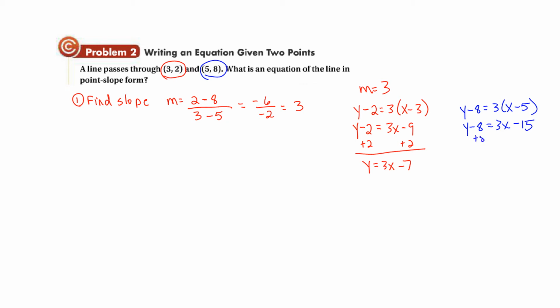And then if I add 8 to both sides, I get y equals 3x minus 7, which you can see they are the same. So even though in point slope form they look different, when they are simplified to slope-intercept form, we can see that they're the same.